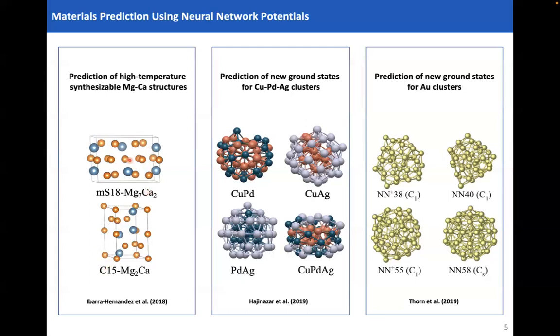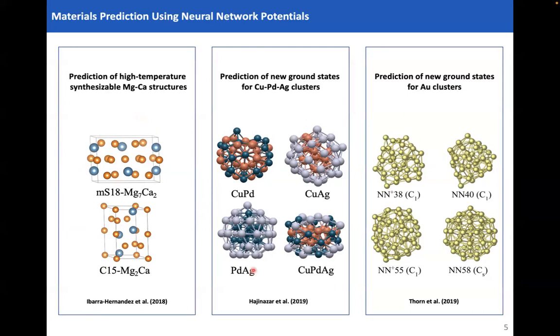Tests show that not only were the energetics at 0 Kelvin, which is the setup for DFT, reproduced very well, but the machine learning potential was also very good at reproducing thermal corrections.